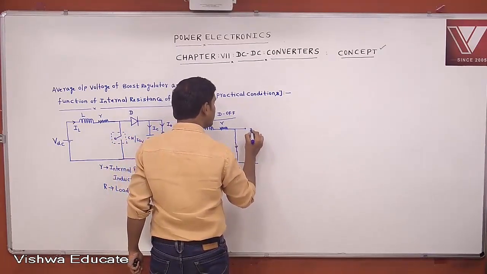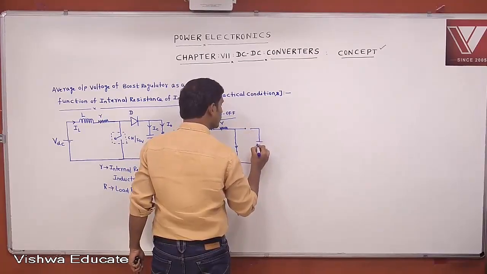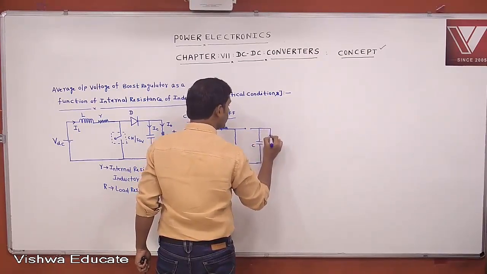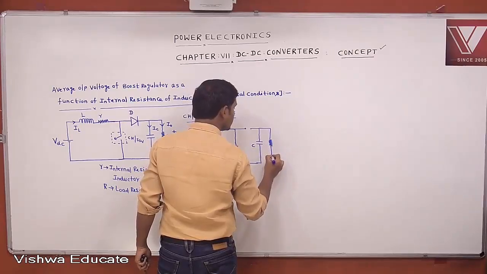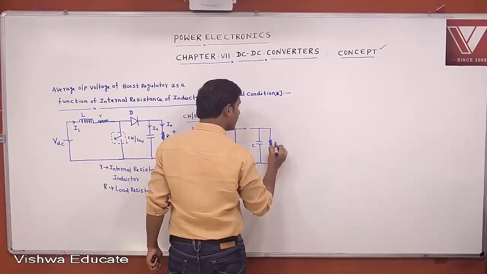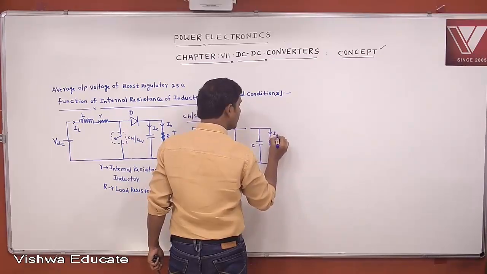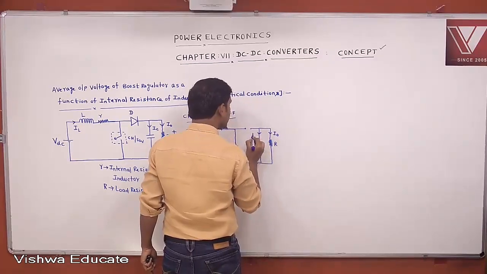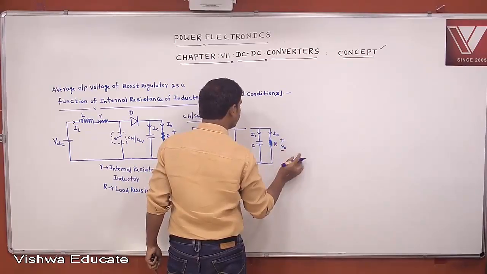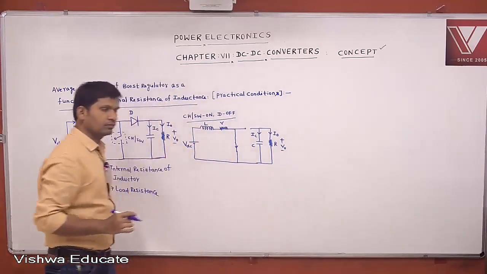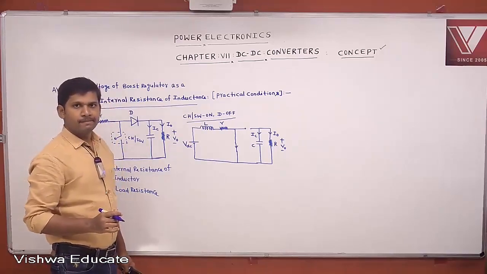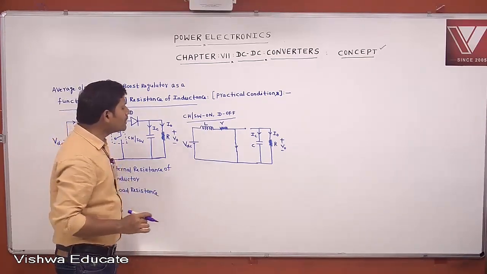The diode is in the off state. This is the capacitor, and this is the load resistance. Capital R is the load resistance. This is I0, this is IC, and V0 with positive and negative polarity. Okay. This is the equivalent circuit.